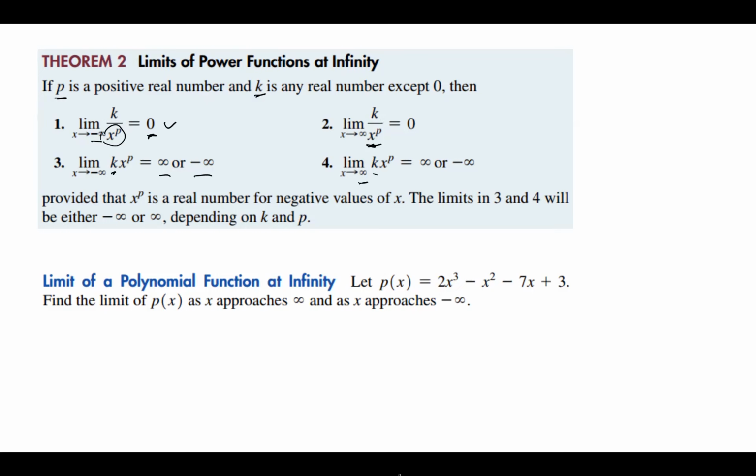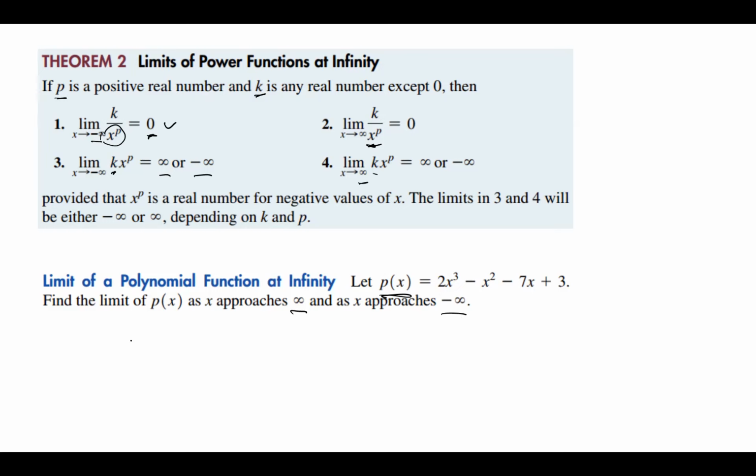So here we have the function, which looks like this. We're asked to analyze the limits of this function as x approaches positive infinity and negative infinity. In this case, what we can do is express it differently, right?